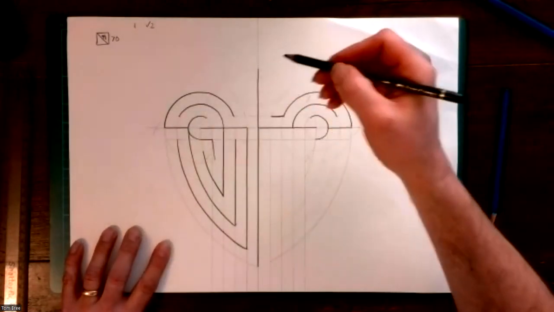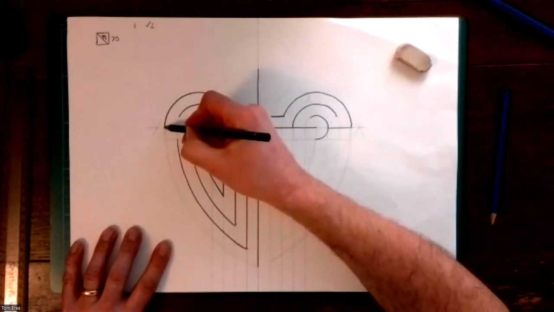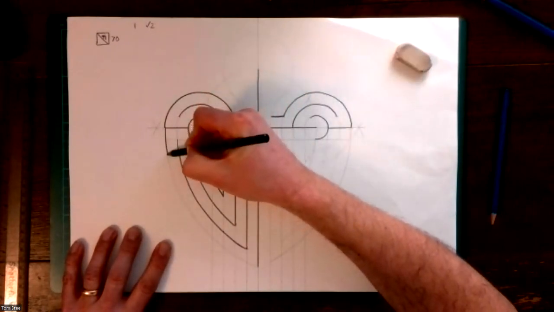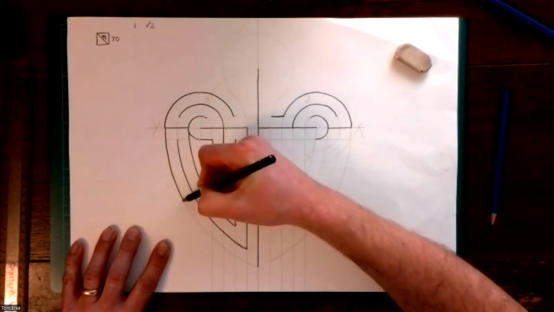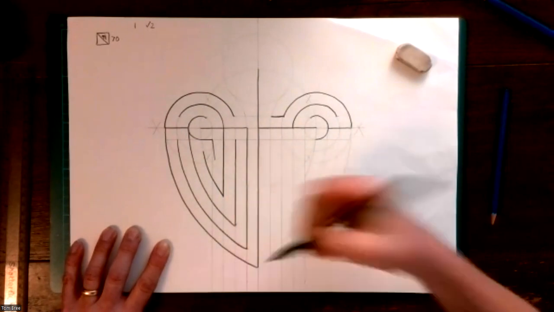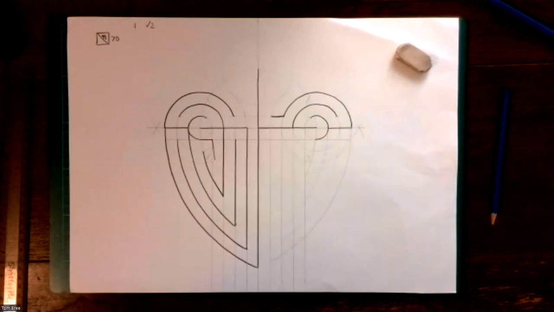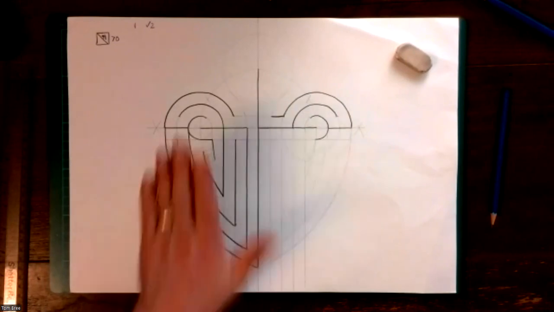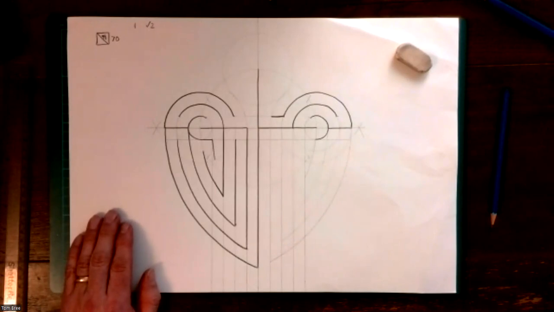And this is the longest curve in the whole labyrinth. So that's the whole of that side of the labyrinth done.